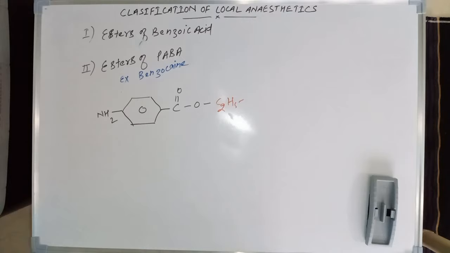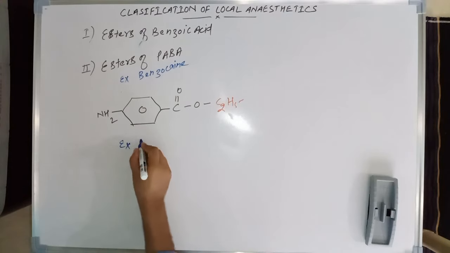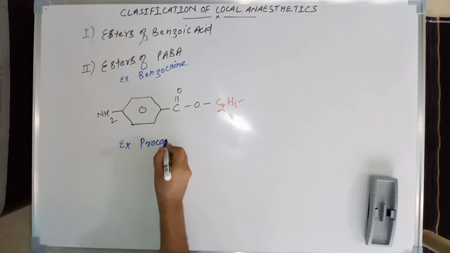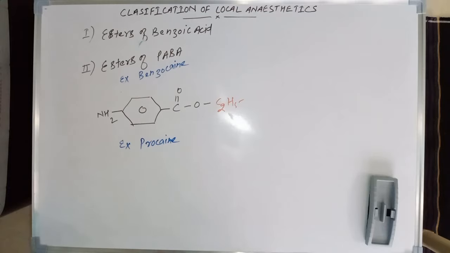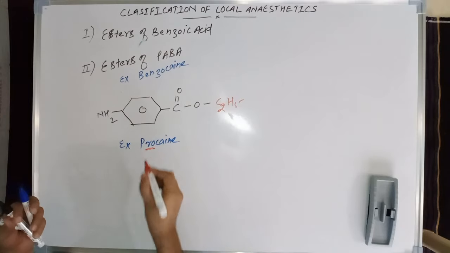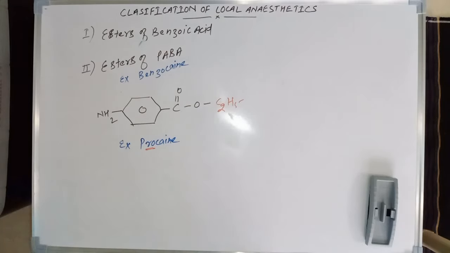Now another example under this class is procaine. Here the name indicates pro means 3. There are 3 special features, maybe a 3-carbon chain, or 3 functional groups. So what are these 3?